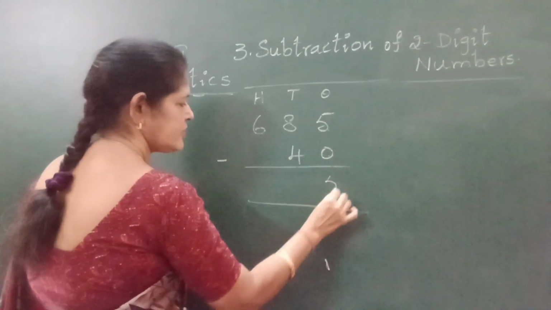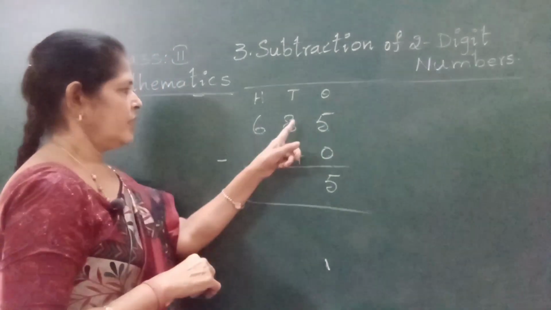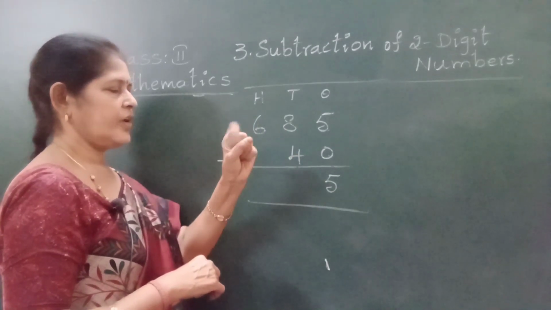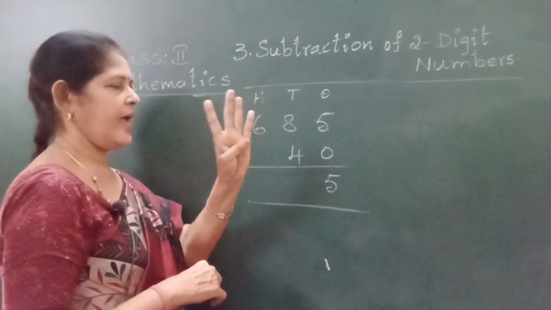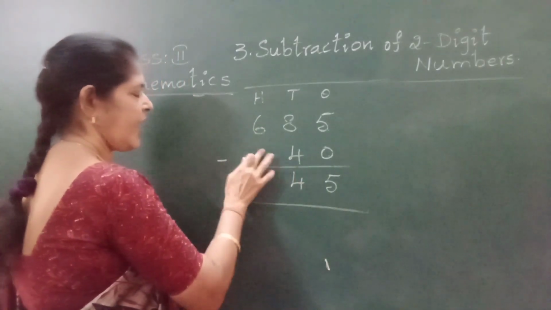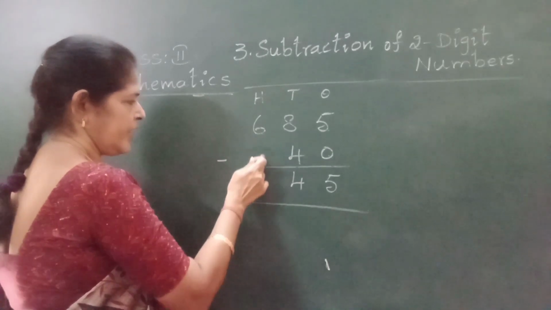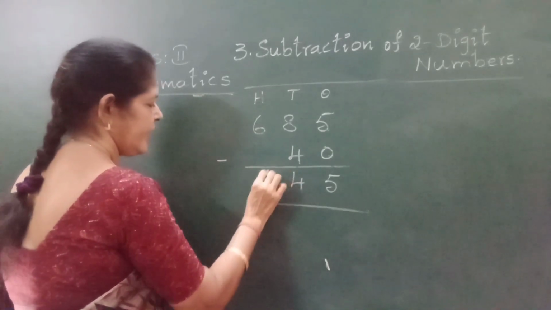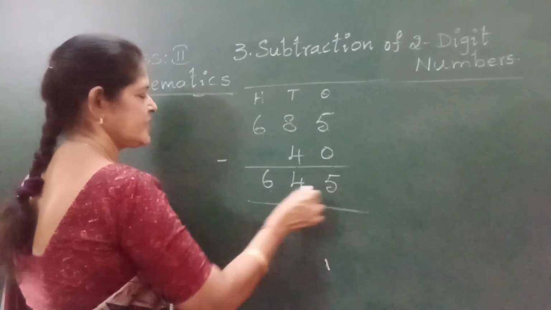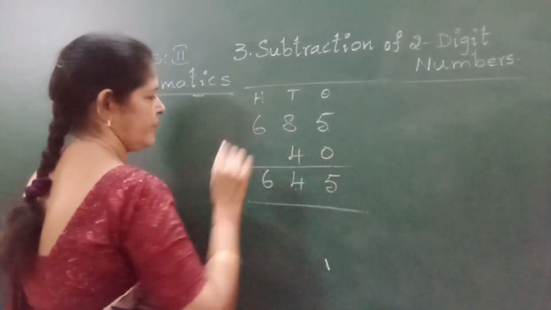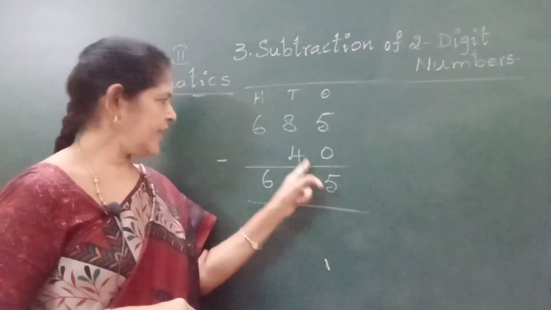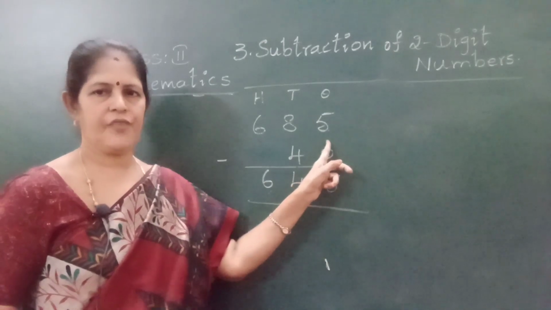Number minus 0 is the same number. Tens. 8 minus 4. Close fingers. 4 after 5, 6, 7, 8. 4. Now the second number has no hundreds. Then bring down the first number's hundreds into the answer place. Now the difference is 645. We subtract 40 from 685.